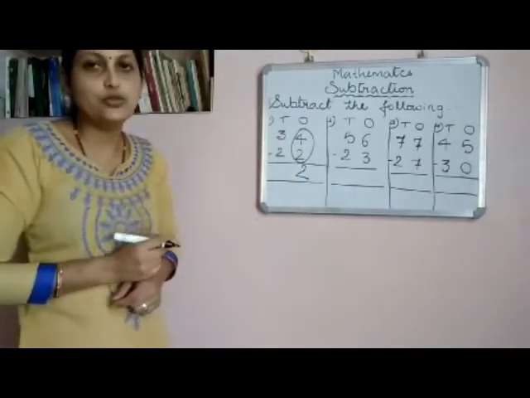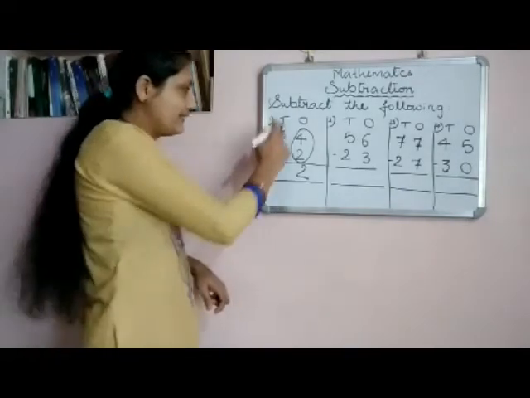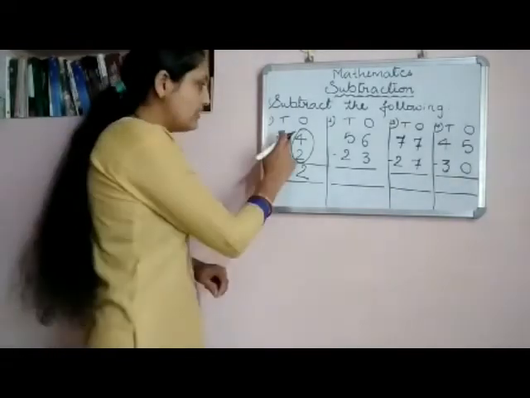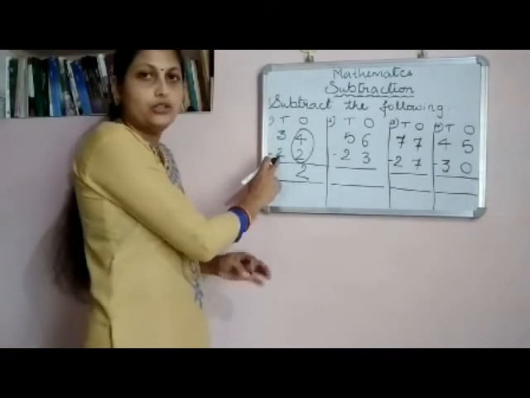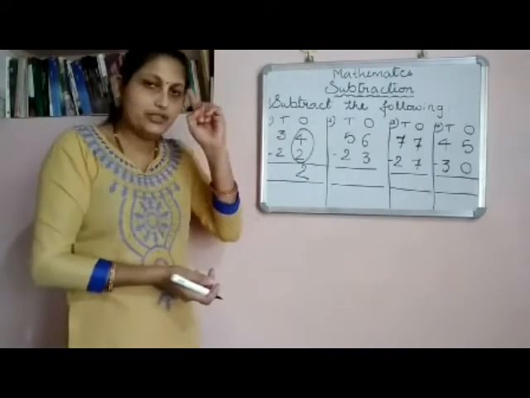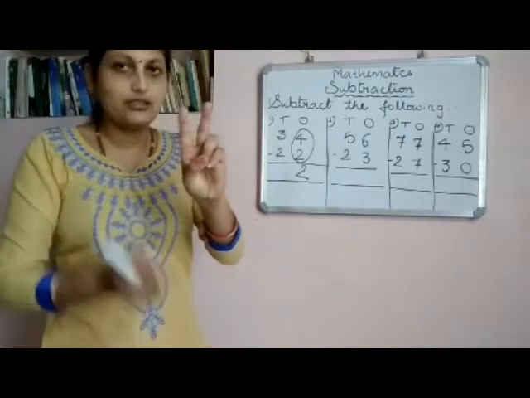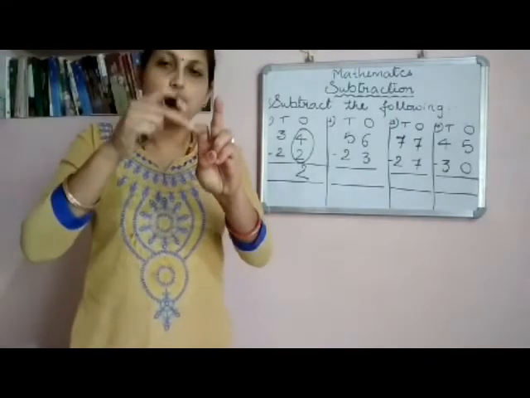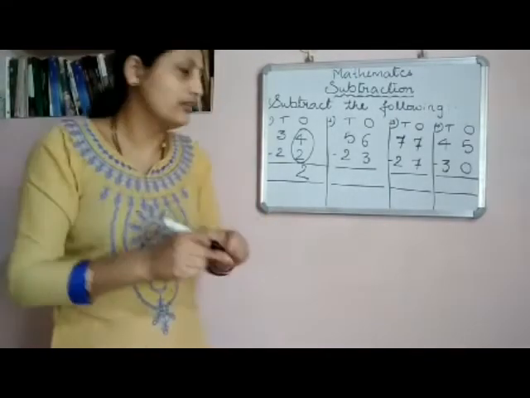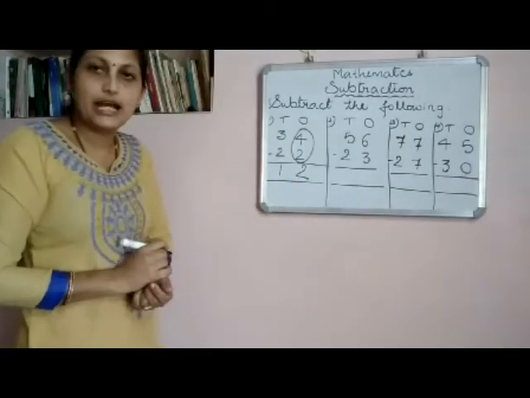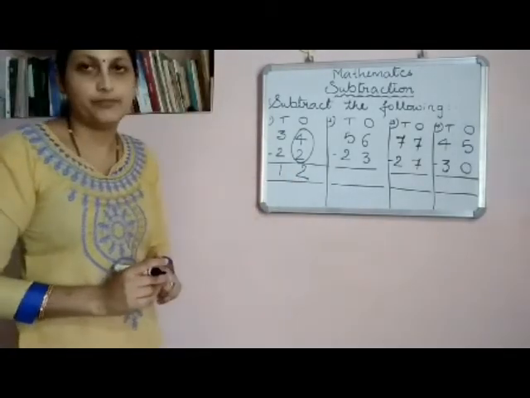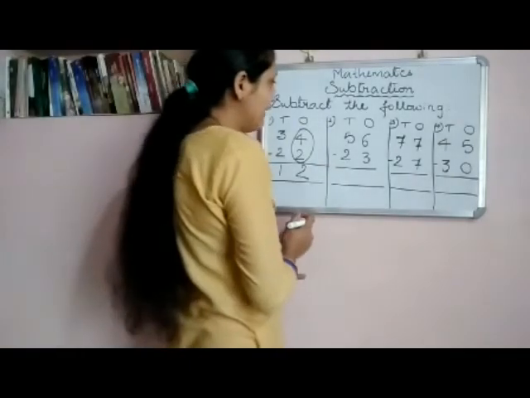Next let us subtract the tens. 3 minus 2. So 3 in your mind, 2 in your hand. 3 before 2, 1. So 3 minus 2 is what? 1. So what is the answer? 12. Clear?